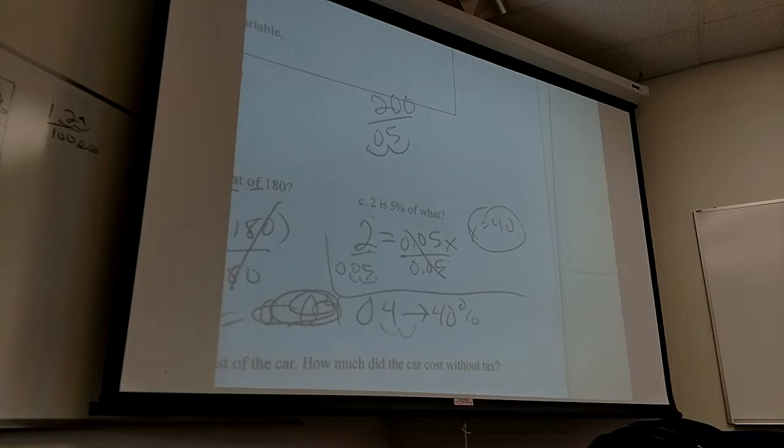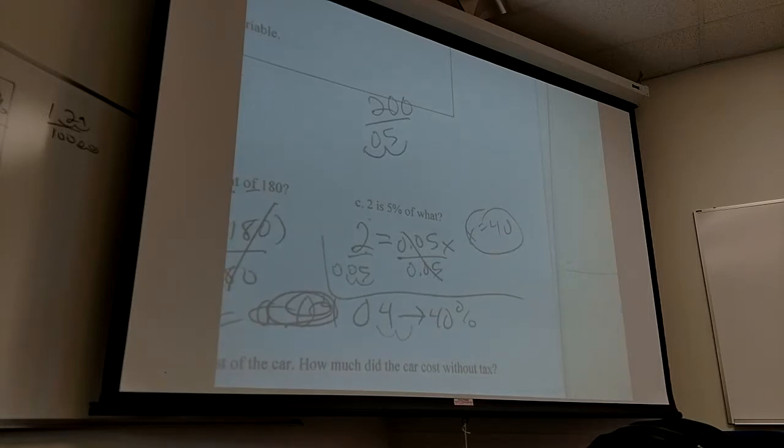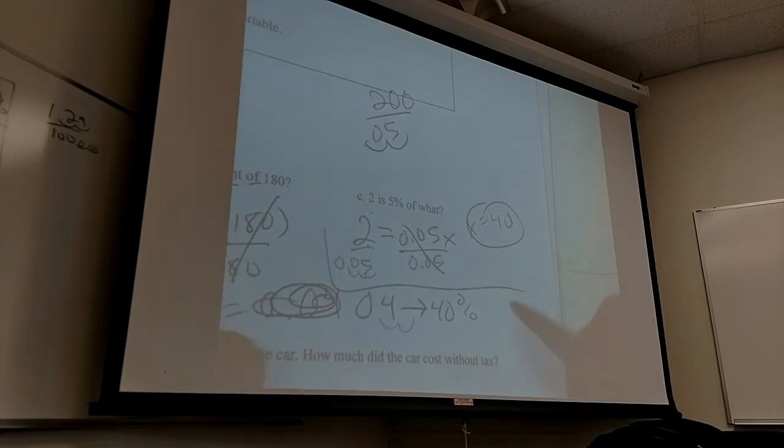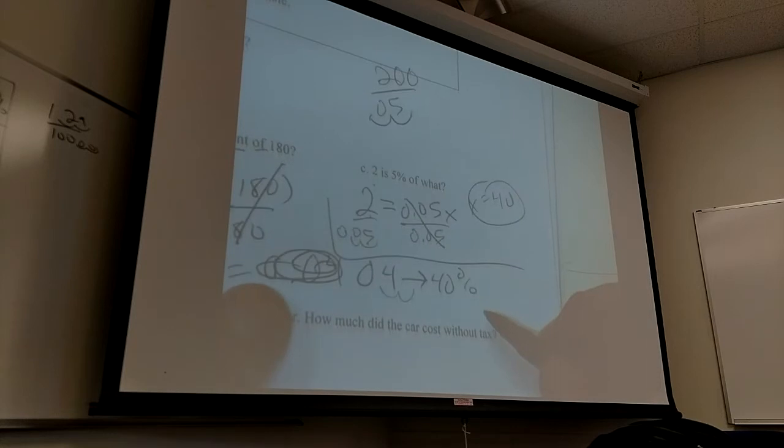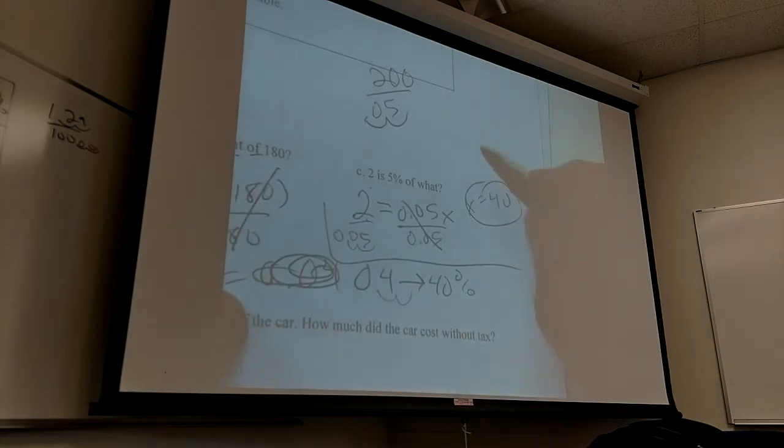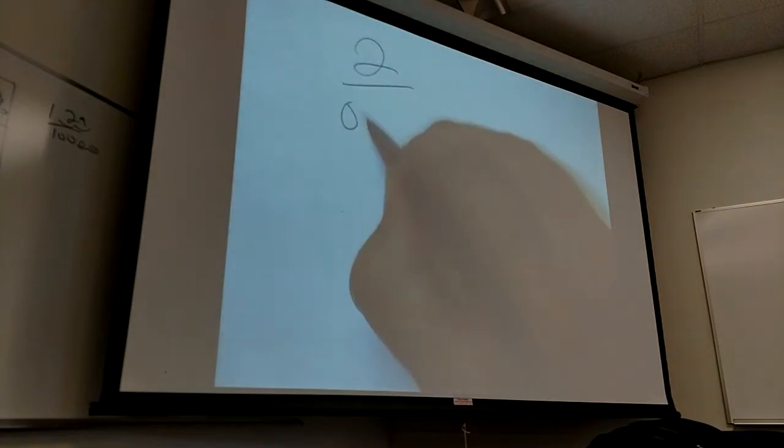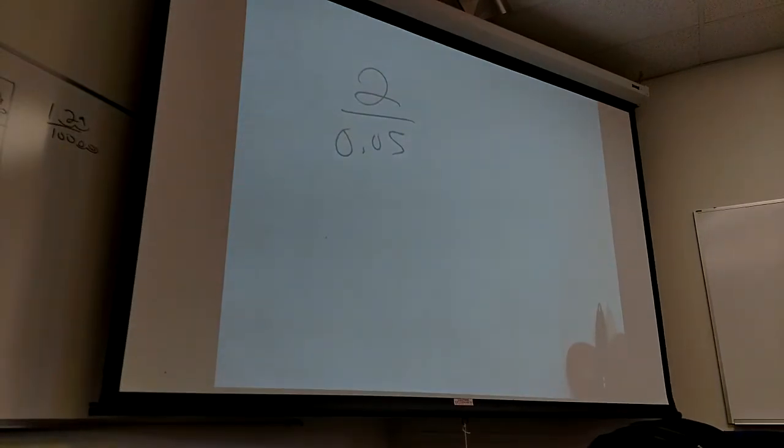Okay. Anyway. Yes? About what? How to get which one? Oh. So right here, I have to do 2 divided by 0.05, right? Okay, good.